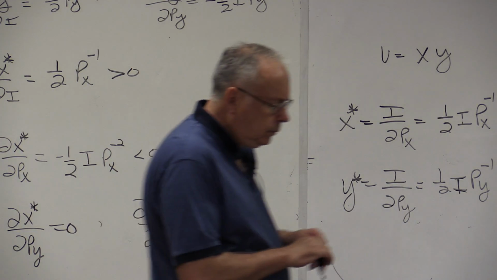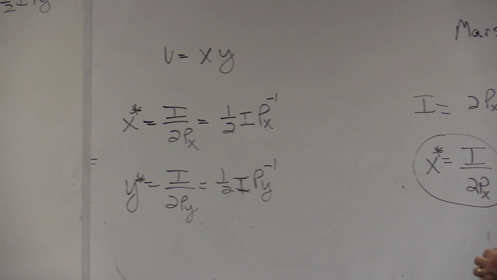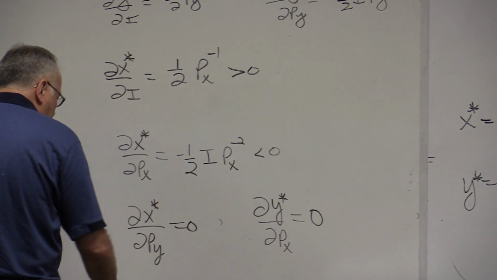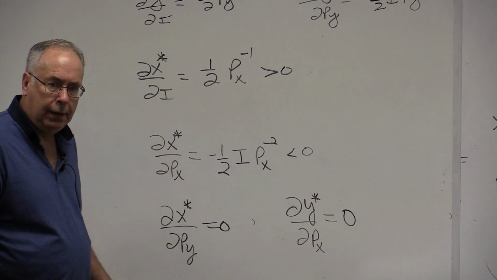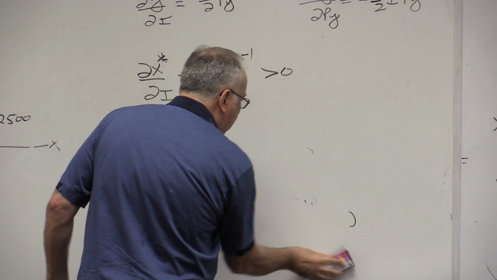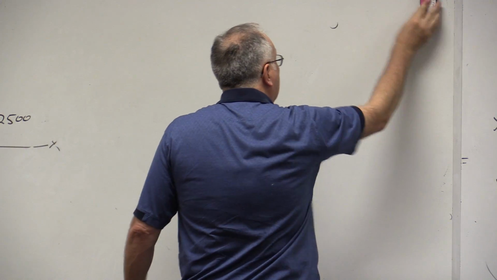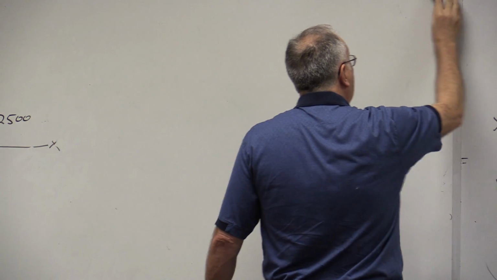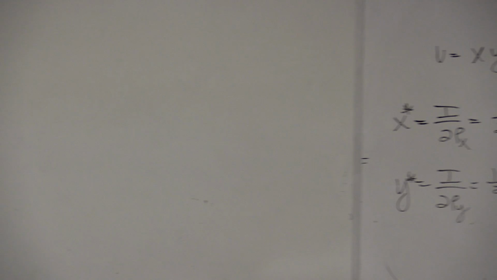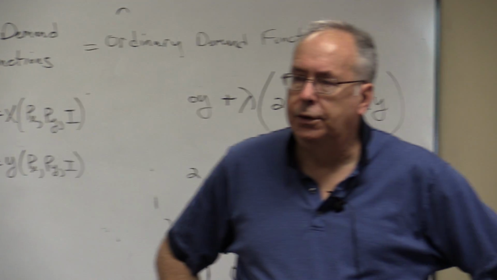Okay. One more thing we can do with this. You recall we talked about elasticities. Okay. And can anybody tell me what is the income elasticity demand for good X, given this demand function?